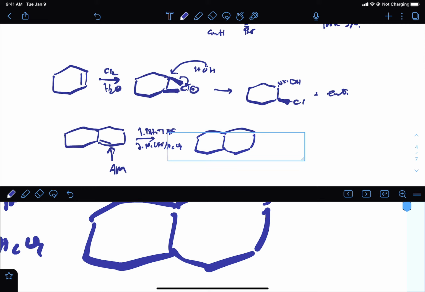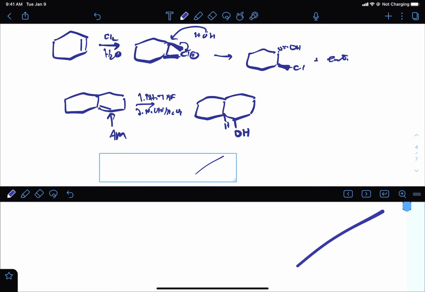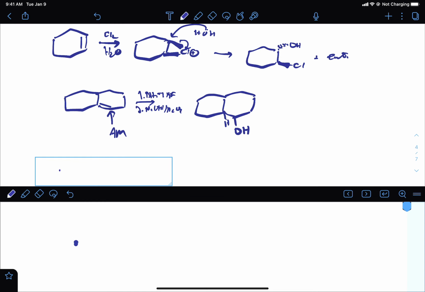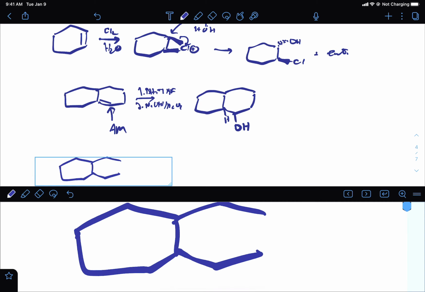And the OH would go here, and the H would go there. That's exactly what we want. Let me show you why there's another option that might look tempting, but is not. You might imagine starting with the double bond there.